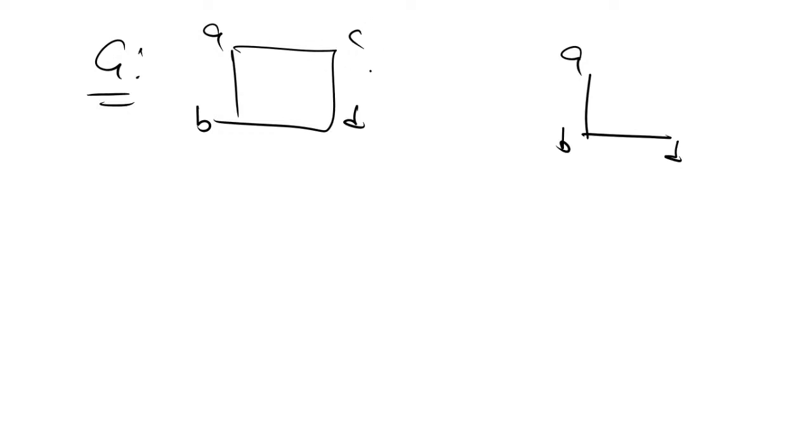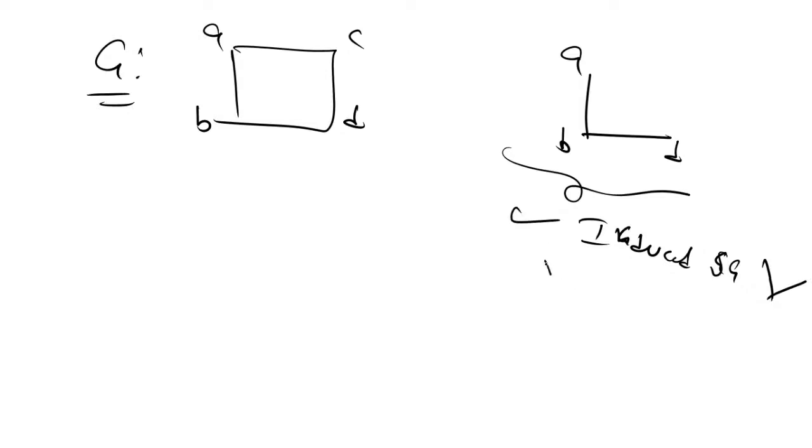You cannot delete edges, but you can delete vertices. So you can delete this vertex C. So this is an induced subgraph, but it is not a clique.